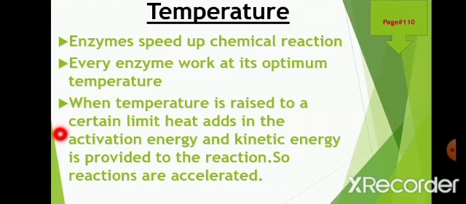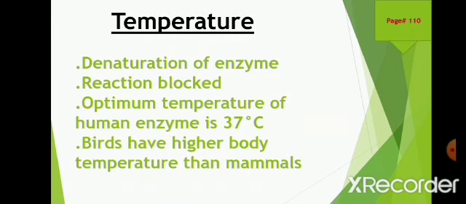When the temperature is raised, heat energy is added in the activation energy and kinetic energy is provided to the reaction. When kinetic energy is provided, the reactions are accelerated. When the temperature is raised well above the optimum temperature, heat energy increases the vibrations of atoms of enzymes and the globular structure of enzyme is lost.